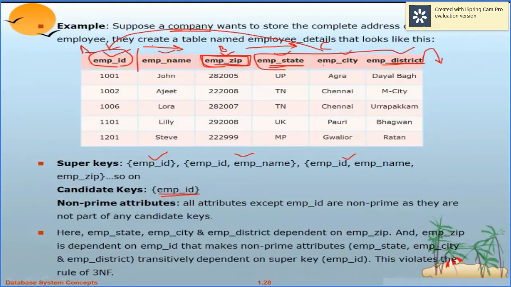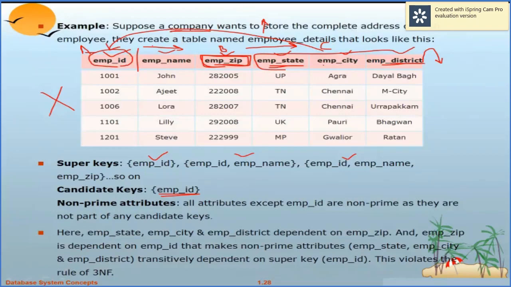Using a transitive property, because I'm repeating, A is determining B and B is determining C. In that case, A is also determining C because it is following a transitive property. So this should not happen in the third normal form condition.